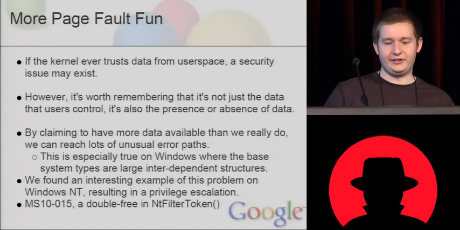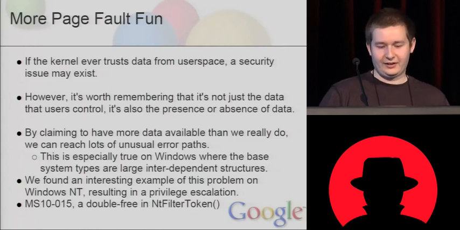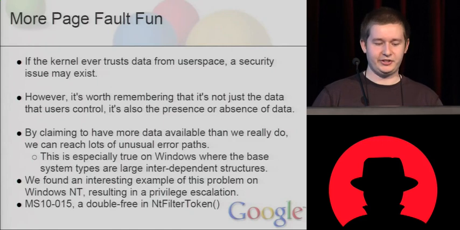This isn't really the case on Linux, where at best you have one structure that can be read in a single operation, or at most two operations for things like writev structures, IO vectors. But on Windows, reading data from user space can be a complex operation.